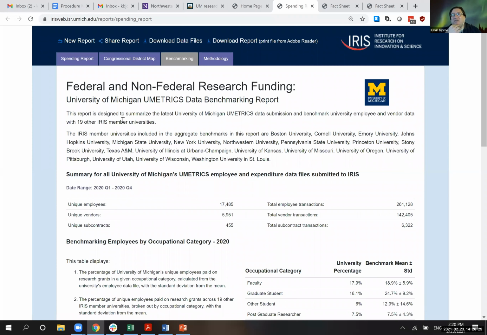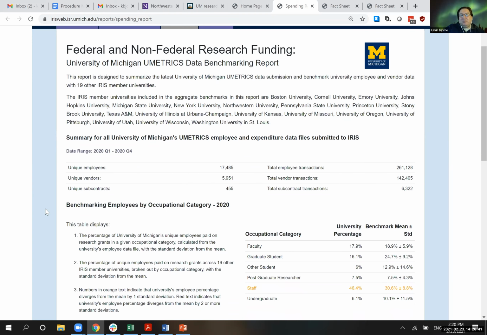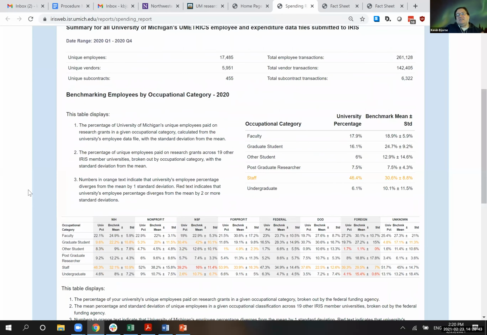So this isn't a very refined peer group, but if you were using this report yourself, you could refine your peer group more appropriately. But what we like to do here is compare the types of employees, the types of spending to this peer group. And we're talking about expanding the benchmarking into a lot of different areas. So that's something that will probably come in the future.